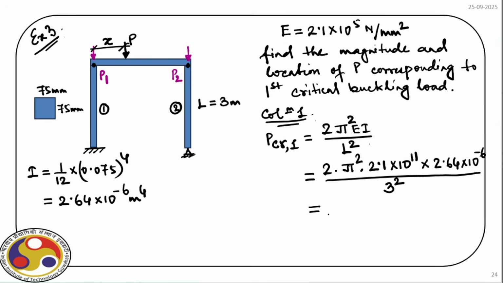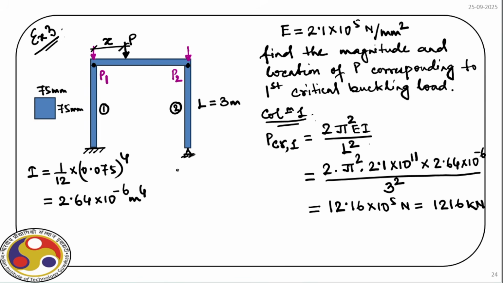Now if you evaluate this, it is 12.16 into 10 to the power 5 Newton. So that means 1216 kilonewton.